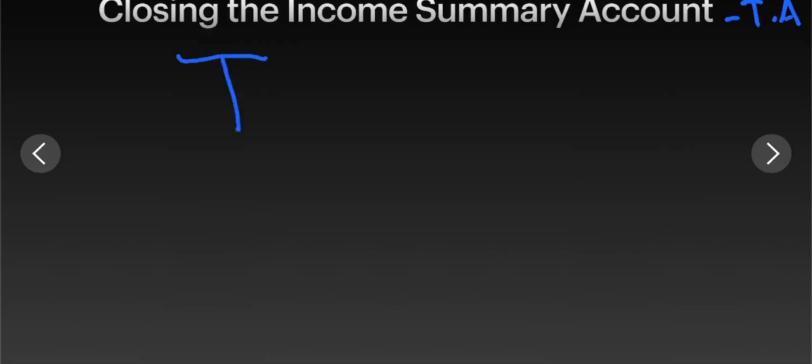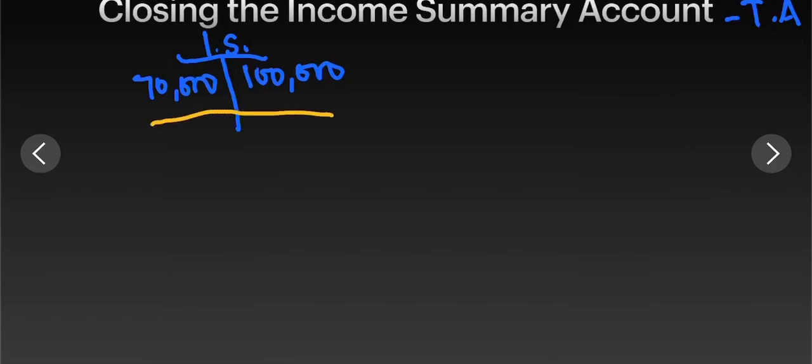Going back to our previous example, if we will make a T account of your income summary account, you initially credited it for 100,000 and debited it for 70,000. You credit it for 100,000 when you close the revenue account, and you debit it for 70,000 when you close the expense account. Following our T account here, the balance of your income summary account is a credit of 30,000.